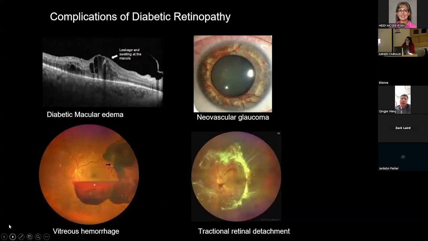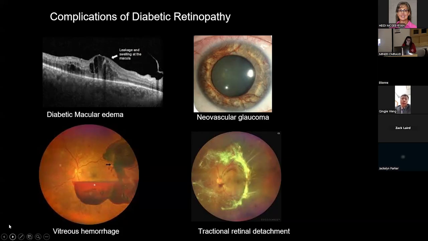So yes, basically talking about complications of diabetic retinopathy. Typically, there are a couple of indications that need treatment or intervention. Commonly we see patients present with diabetic macular edema, meaning the retina, specifically within the macula, develops fluid.